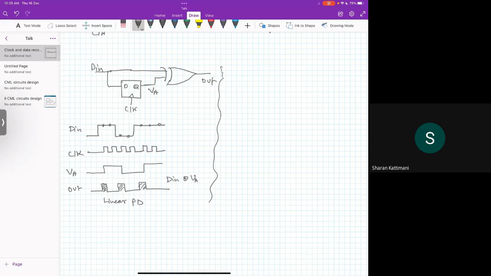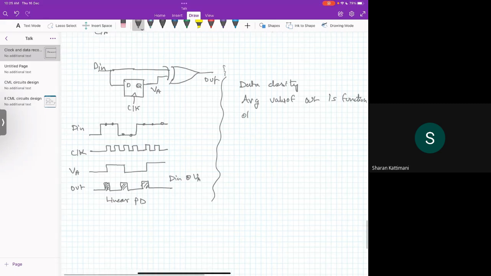So the average value of out is a function of data density.